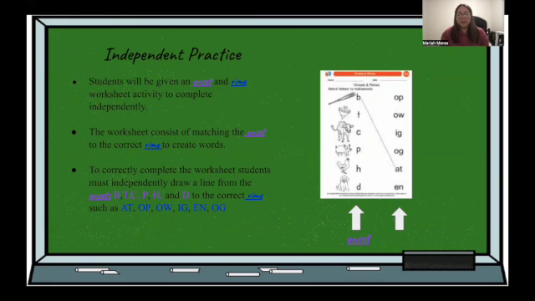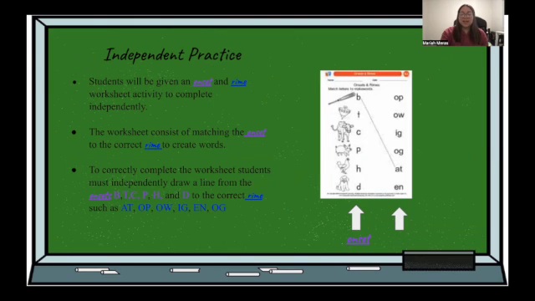On the left side of your page, closest to the image, we have the onset. So we have the letter B for b, the letter T, the letter C for k, letter P, the letter H, and the letter D for d.